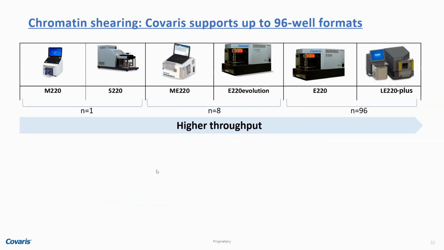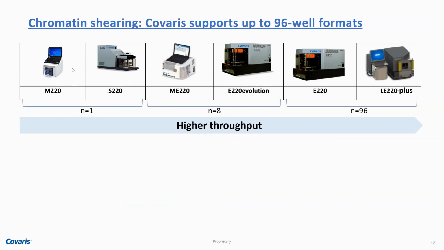So when you're thinking about this workflow, you might think, oh, in one sample, this might maybe not really help me because for IP I would usually have more samples. So I would just like to update you again on the Covaris devices and which throughput we support. So we have the single sample devices.